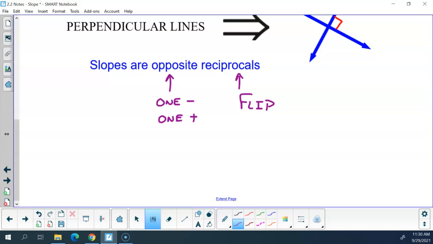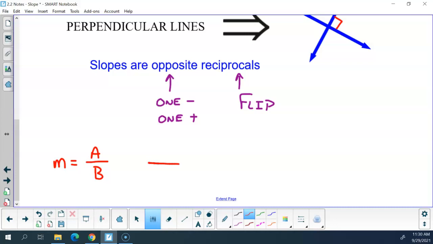Okay? So if this were a fraction, let's say that my original slope was the fraction A over B. Whatever you want it to be there.